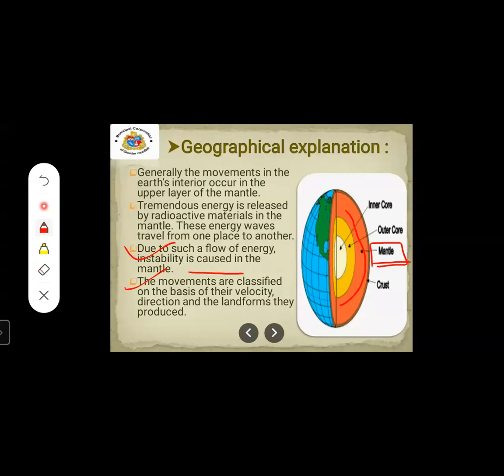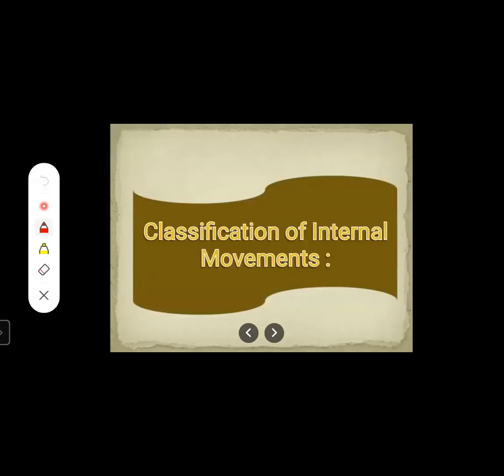These movements are classified on the basis of their velocity, that is the speed, direction, and the third is landforms. Why have we studied the interior of the earth? To understand the movements. Yes, then now this classification of internal movements is divided.